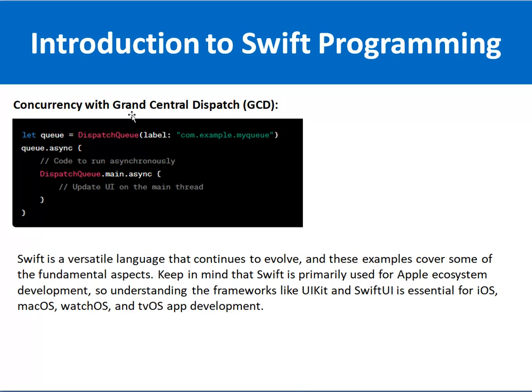You will do another call as well. So concurrent tasks can be executed through Grand Central Dispatch. You can run the tasks in parallel. So this is the concept of concurrency, or parallel execution of code or tasks.